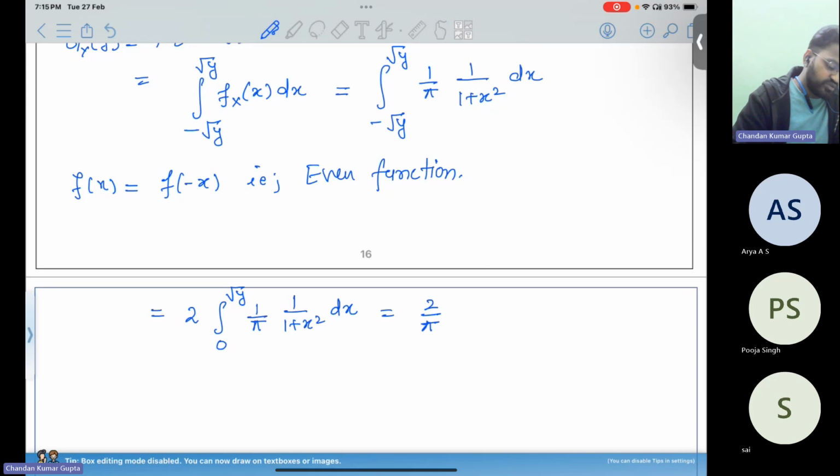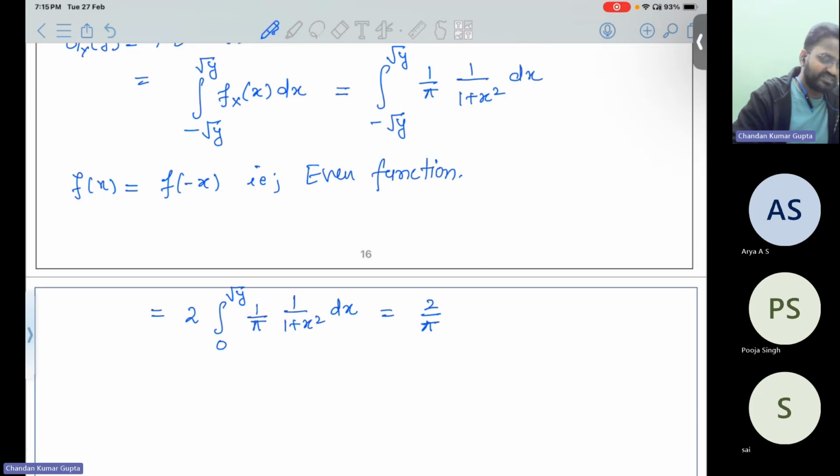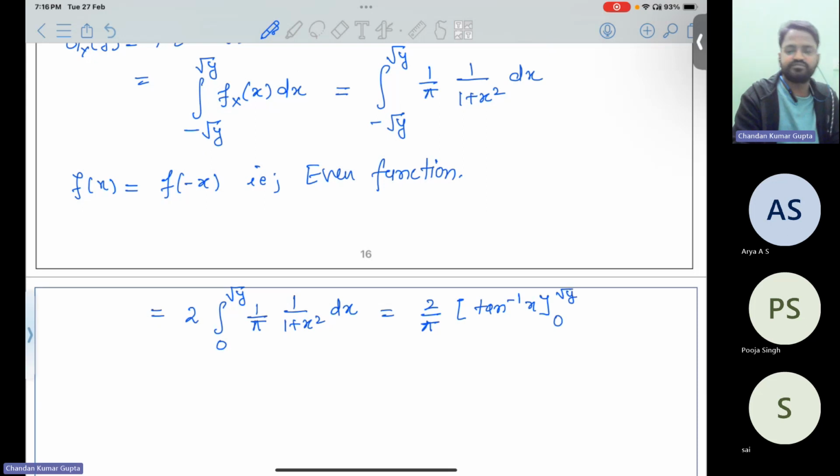and the integral from 0 to root y of 1 upon 1 plus x square. It is nothing but tan inverse x from 0 to root y. Okay. Any confusion up to this point? I don't think so.